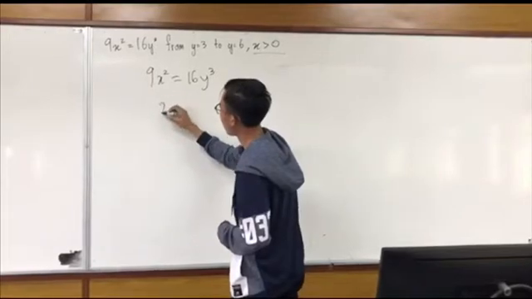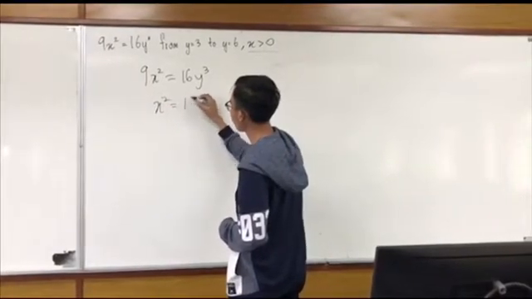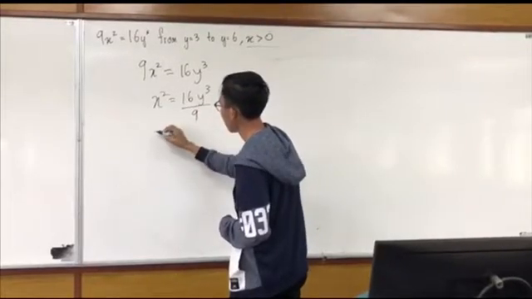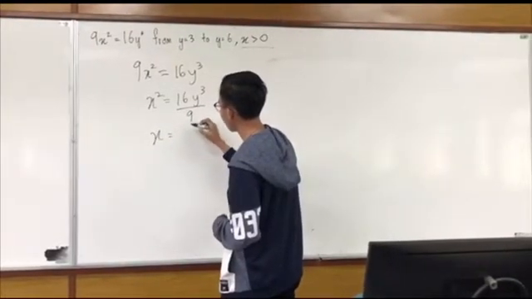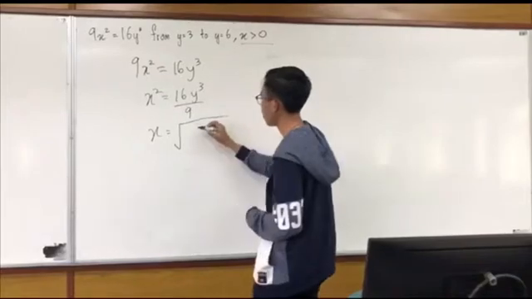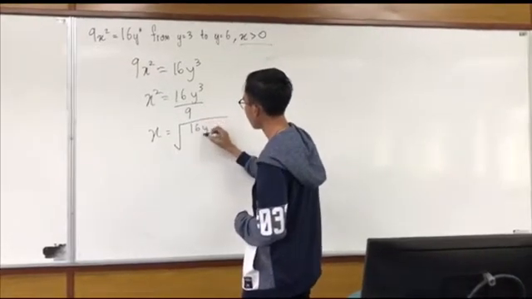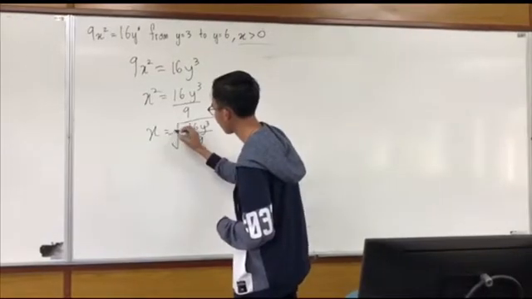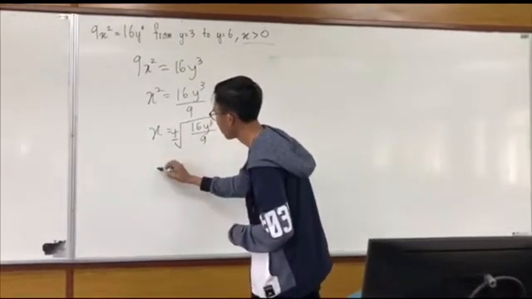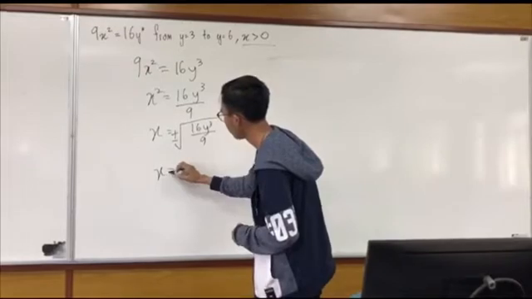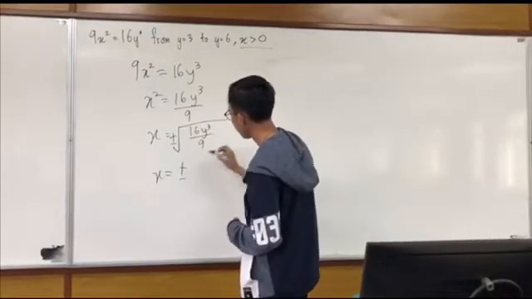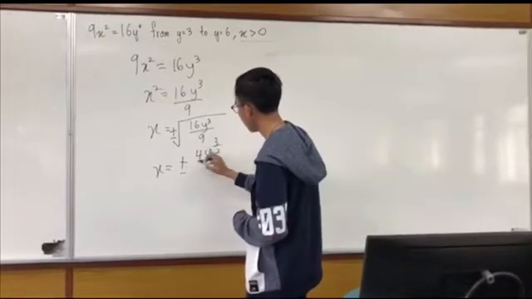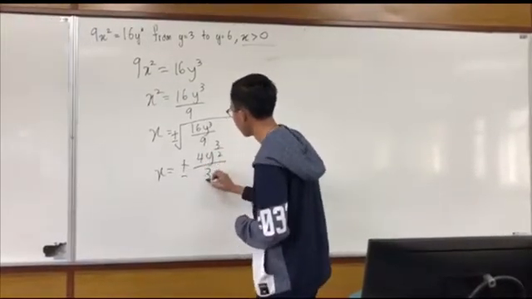So x squared equals 16y cubed over 9, x equals plus or minus the square root of 16y cubed over 9, and x is equal to plus or minus 4y to the power of 3 over 2, over 3.